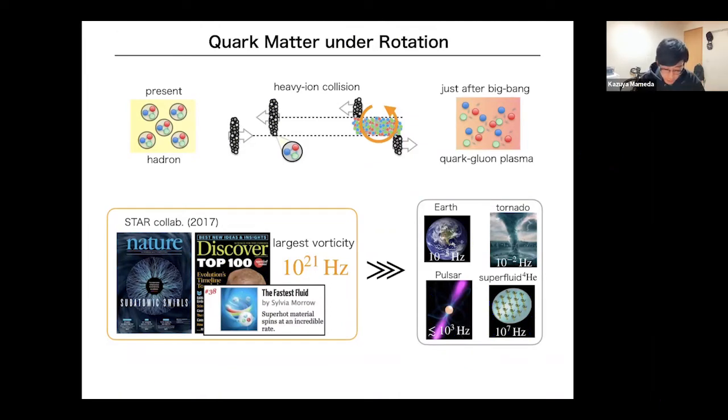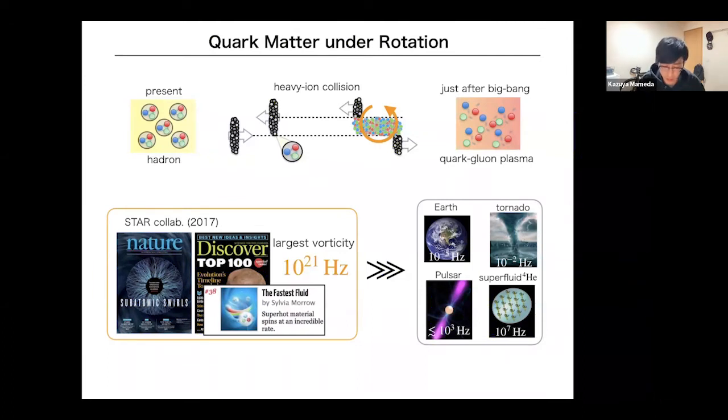If you use the so-called heavy ion collision experiment, then we can collide the hadrons at very high speed, like the speed of light.